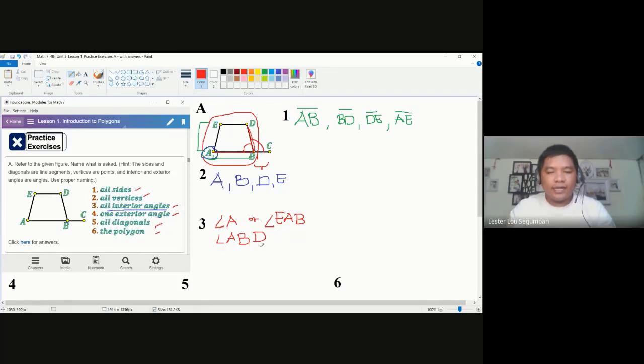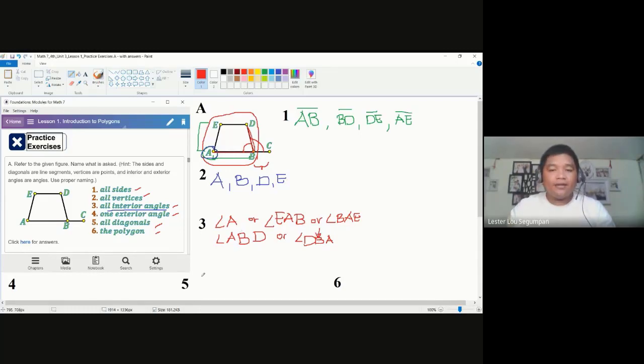So for the second, that's ABD or also DBA. You could also do that. As for this, you could actually accept angle DBA. If you're going to name angles with three different points, the middlemost point is the vertex of that angle.